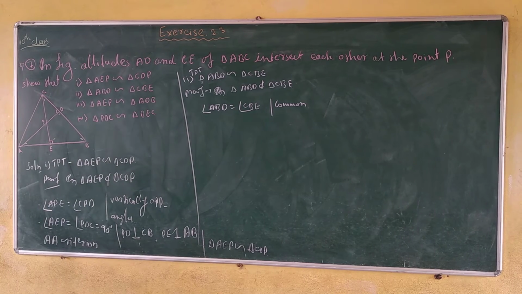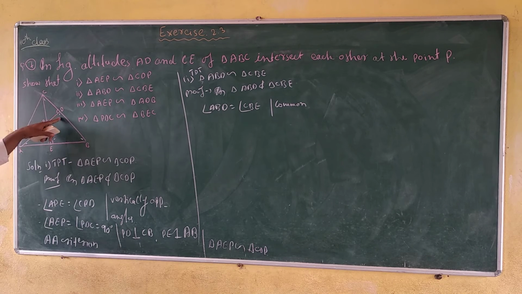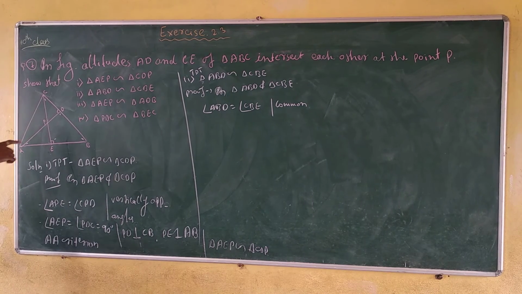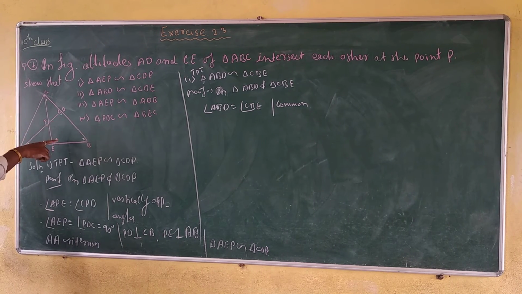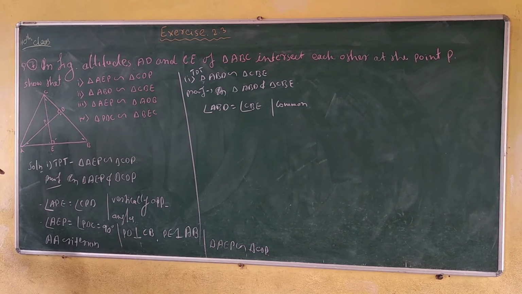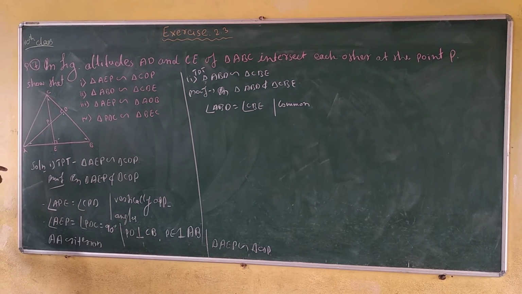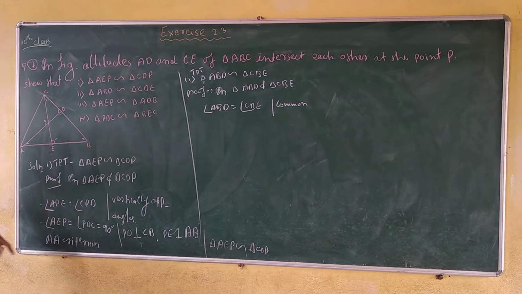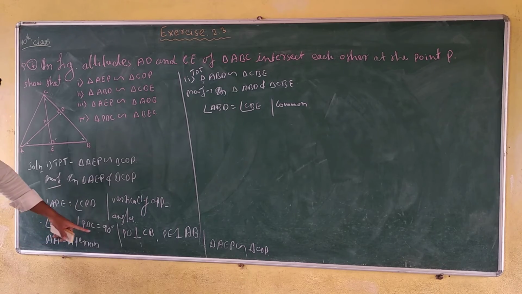Next, now see here, angle A and angle D are remaining here, and here also angle C and angle E are remaining. Now see here, angle D and angle E are 90 degrees. Here also angle E and angle D are 90 degrees.